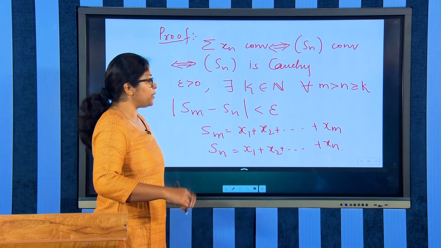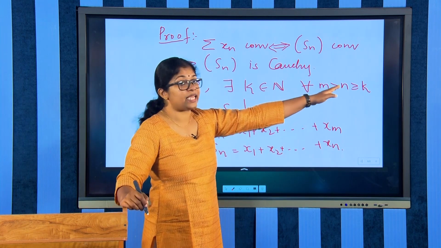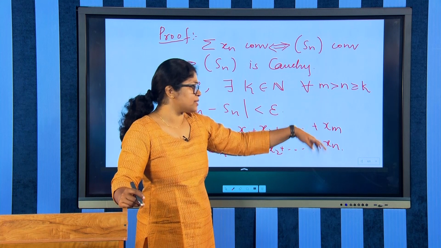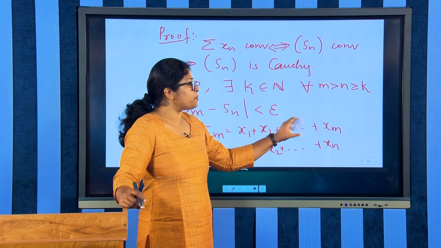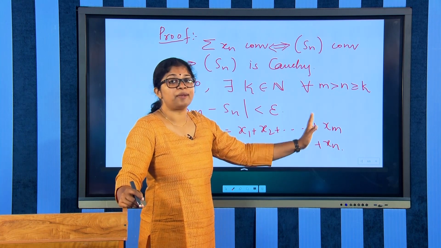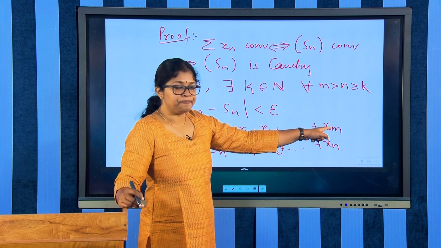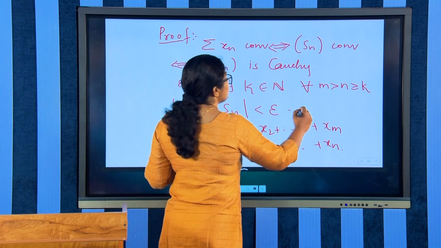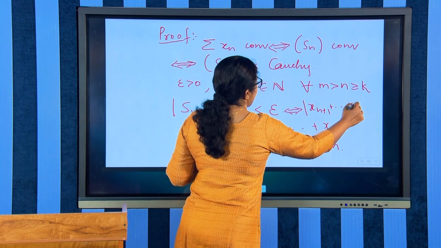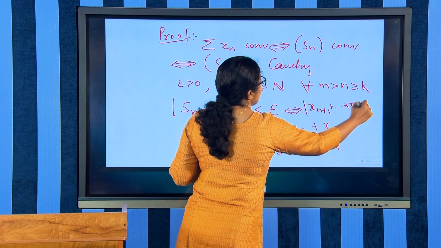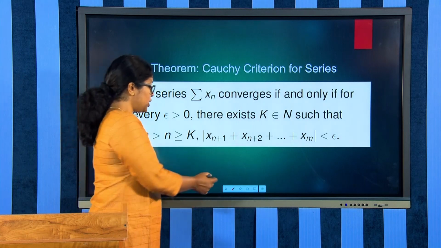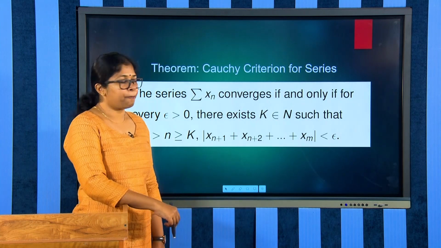So, the difference will be, because it is given m is greater than n, say m is like 50 and n is like 25 or some 30 or whatever. The difference between these two will add up all the terms starting from xn plus 1 up to xm, and so this is equivalent to writing modulus of xn plus 1 up to xm is less than epsilon, which is exactly what is required in the Cauchy criterion for series.